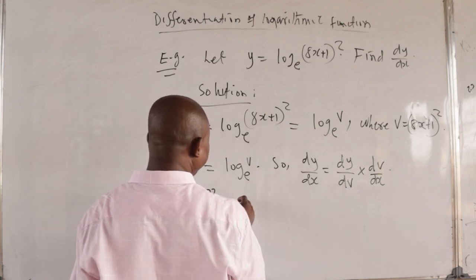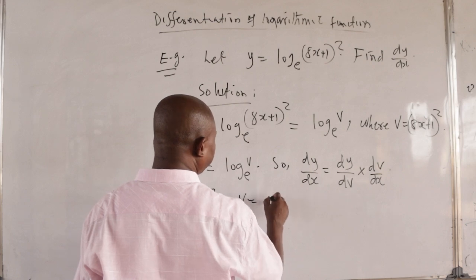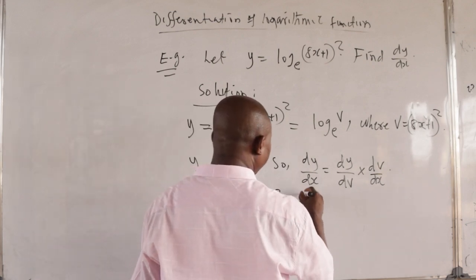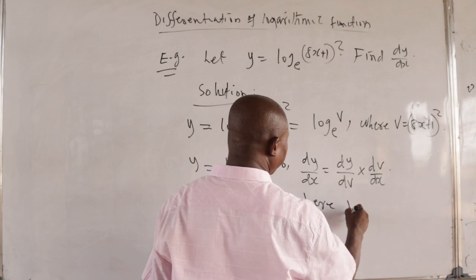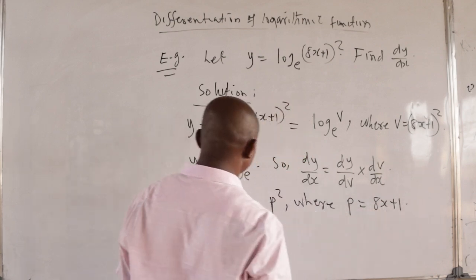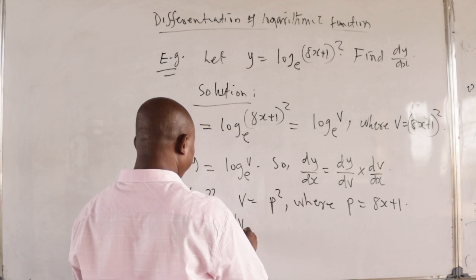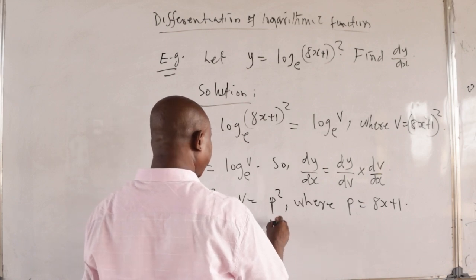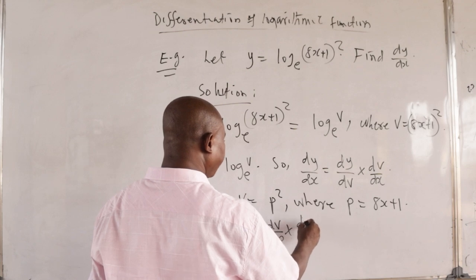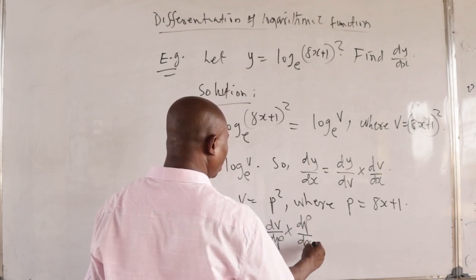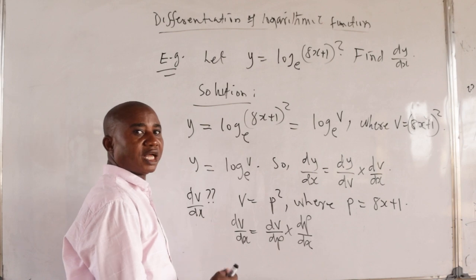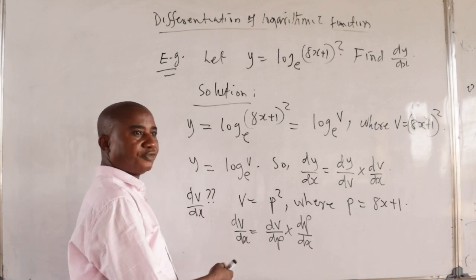Now, our v, I can rewrite v as p raised to the power 2, where p is simply 8x plus 1. The derivative of v with respect to x is the derivative of v with respect to p multiplied by the derivative of p with respect to x. You can see it's an application of all that you learned, all you know via the video.